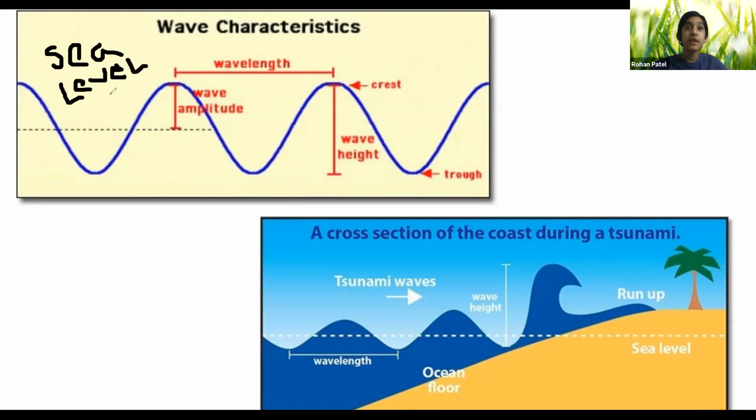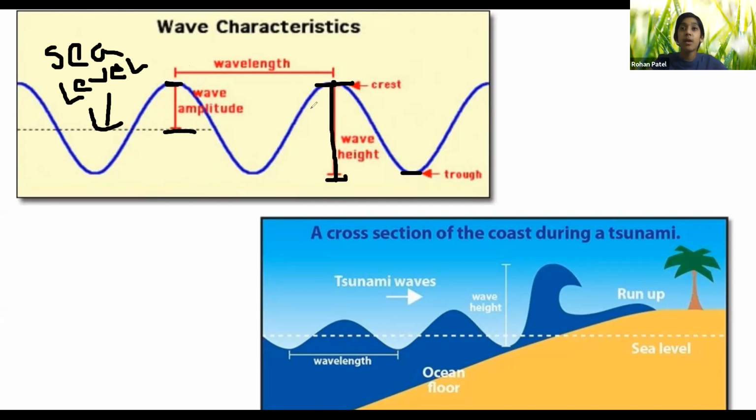If this is sea level, our wave amplitude is from the crest of the wave to sea level. The wavelength is between two crests of two waves. The crest is the topmost part of the wave. The trough is the bottommost part of the wave. And the wave height is from the crest to the trough.